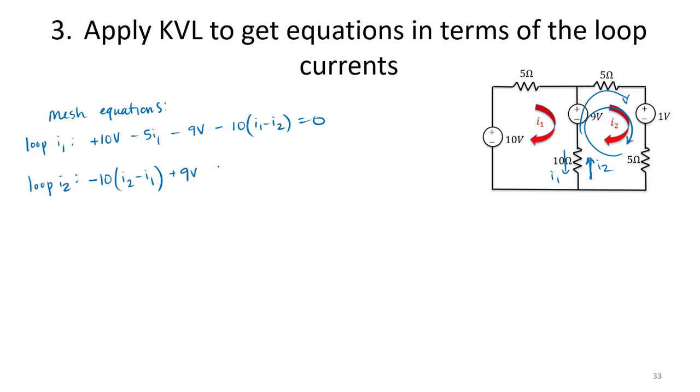We have our voltage drop across the 5 ohm resistor. Again, there's only current I2 going through, so resistance is 5 ohms, current is I2. Voltage across a 5 ohm resistor must therefore be 5 times I2. Finally, minus 1 volt drop across the source, and another minus 5 I2 for our resistor.